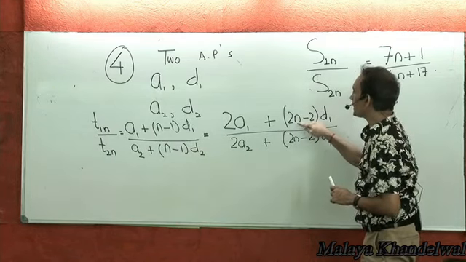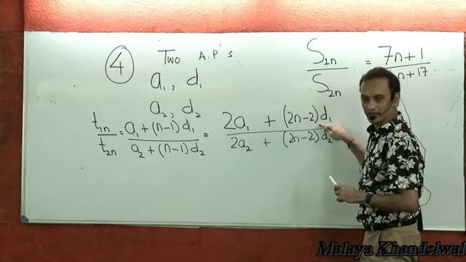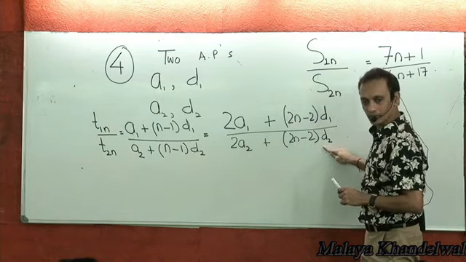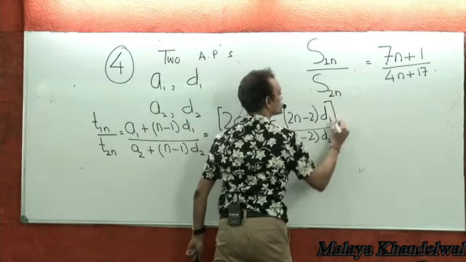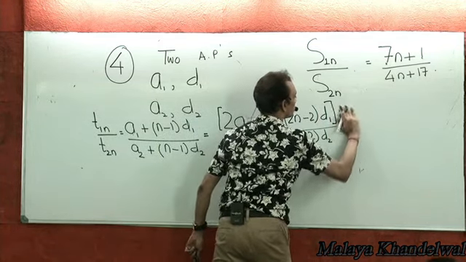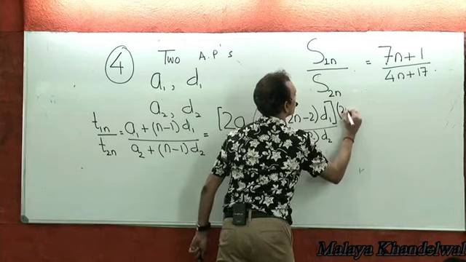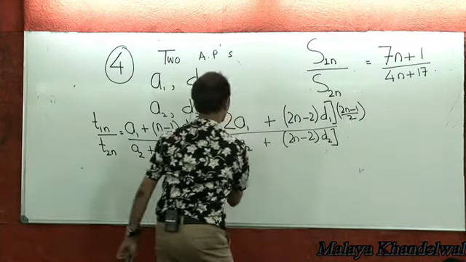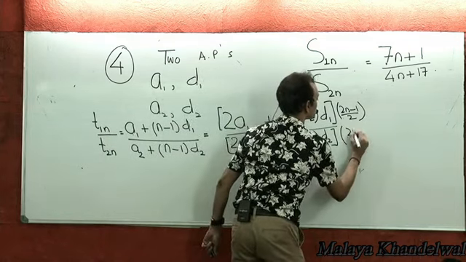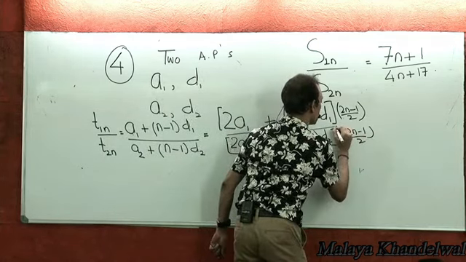This 2n minus 2 I can write as 2n minus 1 minus 1, and let me also multiply numerator and denominator by (2n minus 1) by 2. You'll see why I have done this.